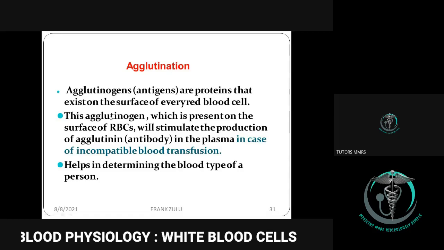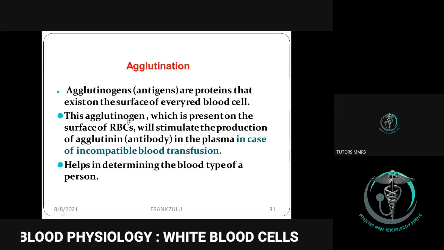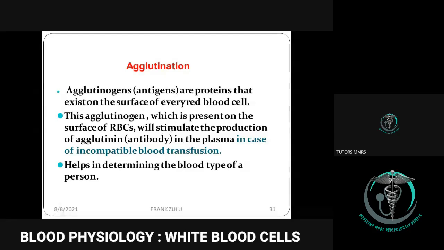Now, when you are transferring blood from one person to another, there is a reaction that takes place. This reaction is called an agglutination. This is where the immune cells of one individual identify antigens on the red blood cells and attack them, producing what is called hemolysis.